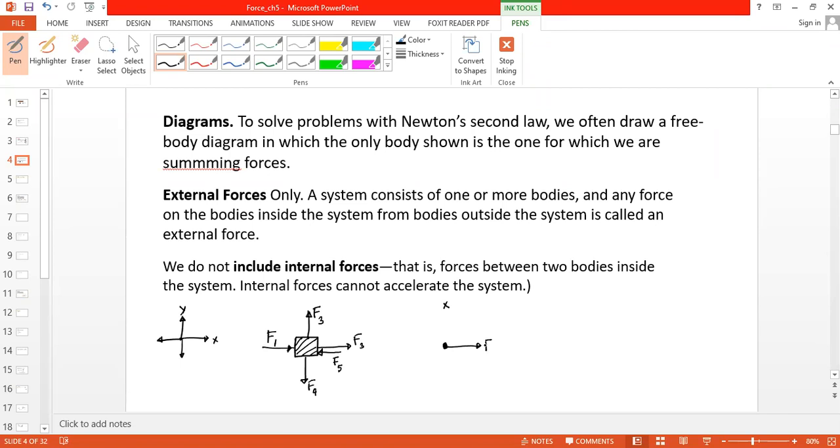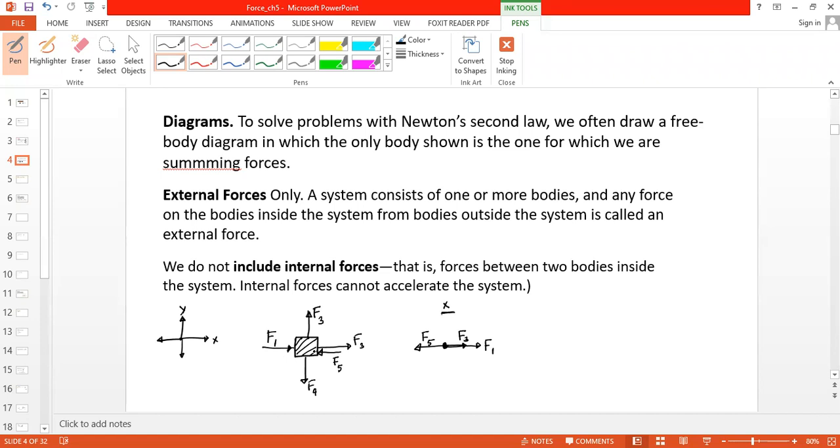This is my F1. And then my F3 is also acting along the positive x direction. So it is F3, and F5 is acting along the negative y direction. So this is the free body diagram of this object for the x component of forces.